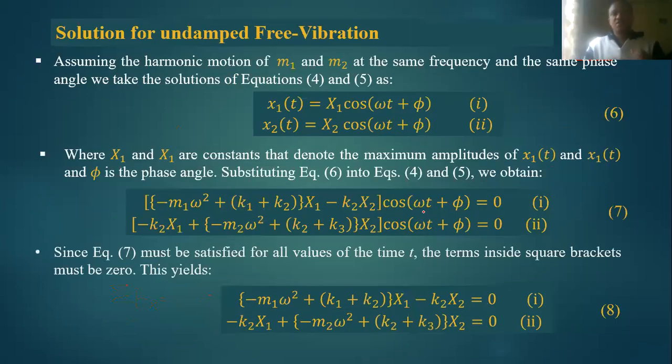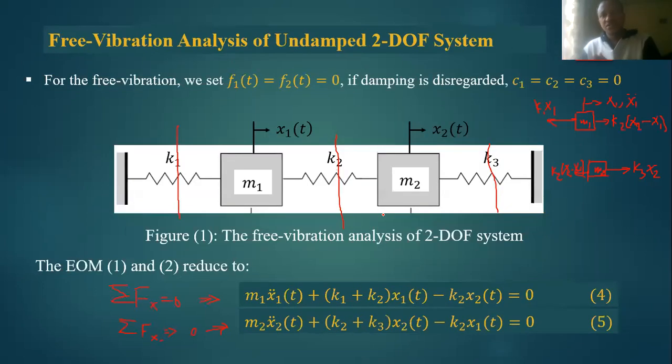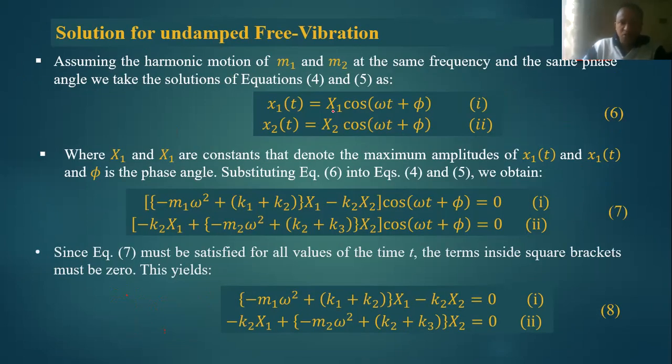For the solution, we just consider a harmonic solution, because this is free vibration. In free vibration, the harmonic solution can satisfy the form of the equation. So considering simple harmonic motion for the two masses, for mass 1, x1 of t equals X1 cos(omega t plus phi), where X1 is the maximum amplitude of mass 1 and phi is the phase angle.